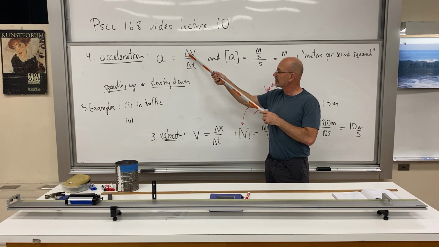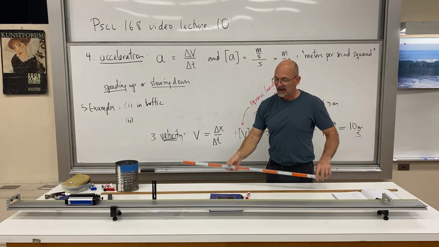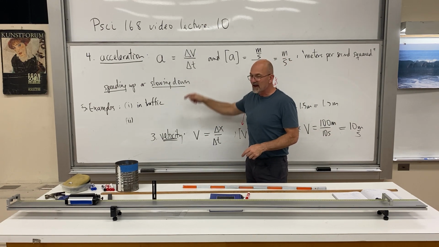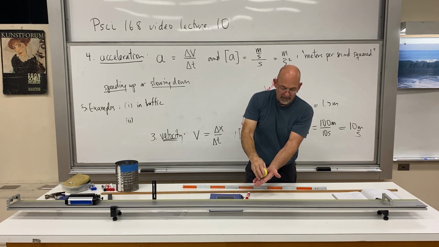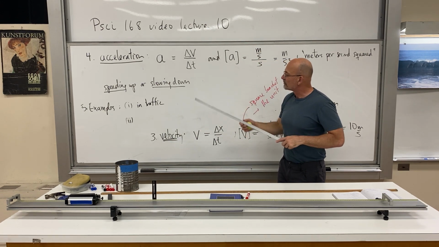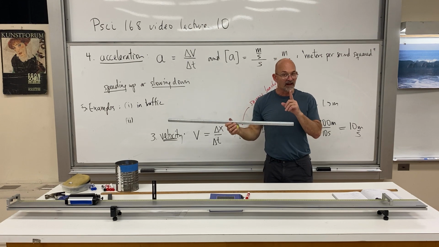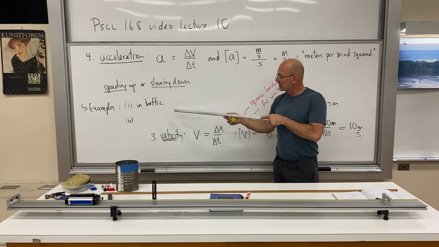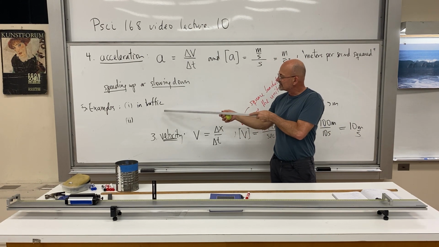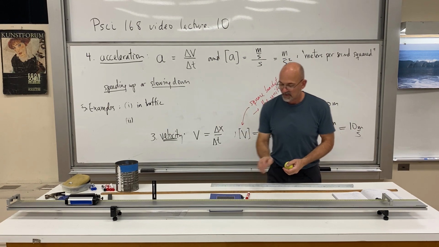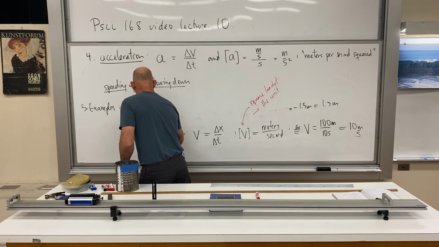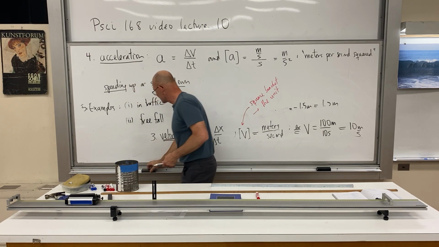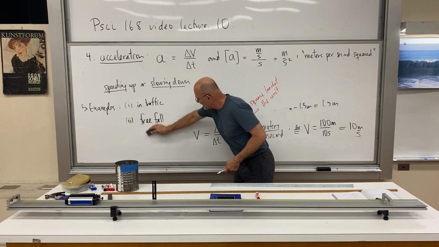Changed velocity. And it took a certain amount of time to do it. Like 1001, took a certain amount of time to fall. So free fall, which is what we're studying, is a form of accelerated motion. Free fall is accelerated motion.